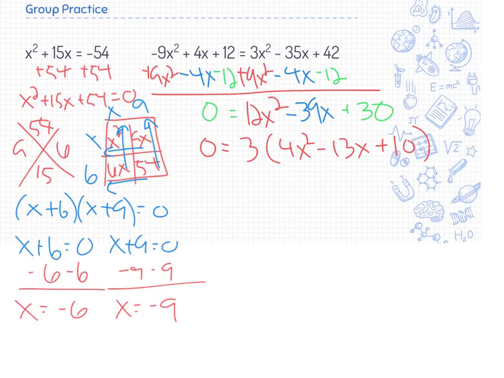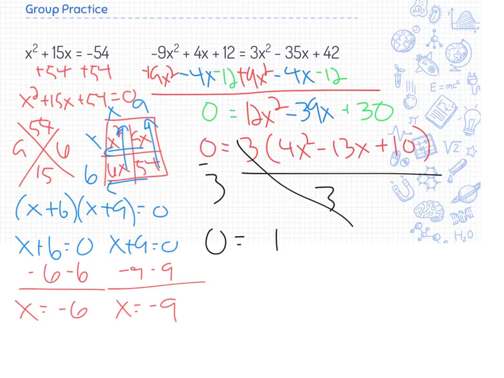One way is you divide both sides by 3. That cancels out. 0 divided by 3 is just 0. And you get 0 equals 4x squared minus 13x plus 10. And it's gone. It has no x in it, has no ramifications on what our solution is.